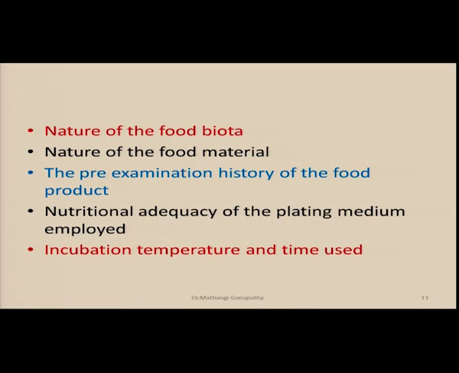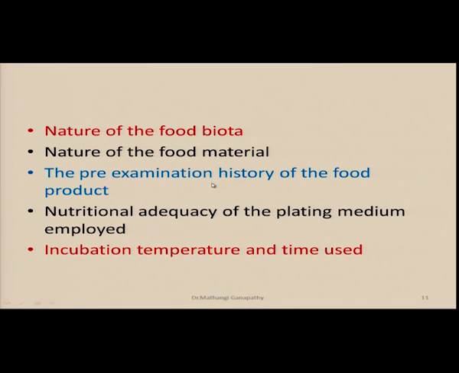Remember, in the earlier lectures I said that normally pathogenic bacteria occur in very small numbers when compared to the normal flora. So, now the question is, are you looking for the identification of pathogens, or are you looking for the identification of normal microbiota, which are spoilage organisms? The methodology for each is going to be different.